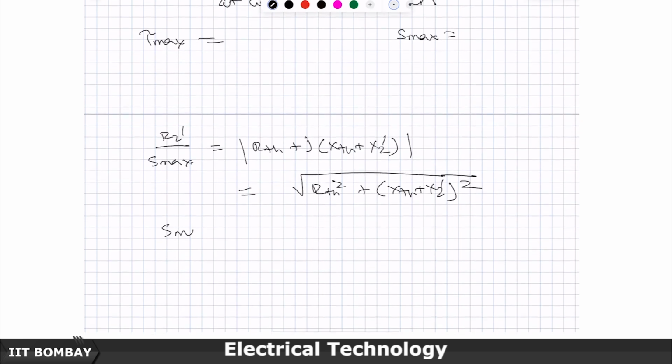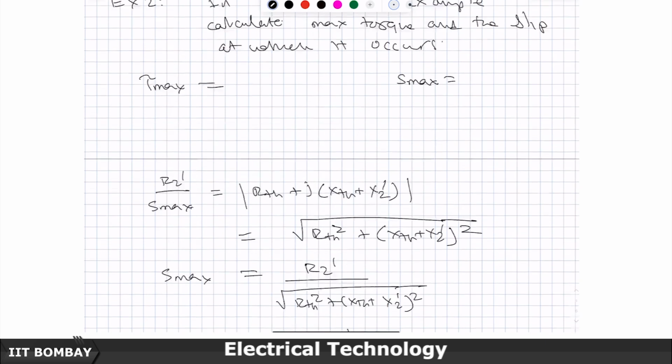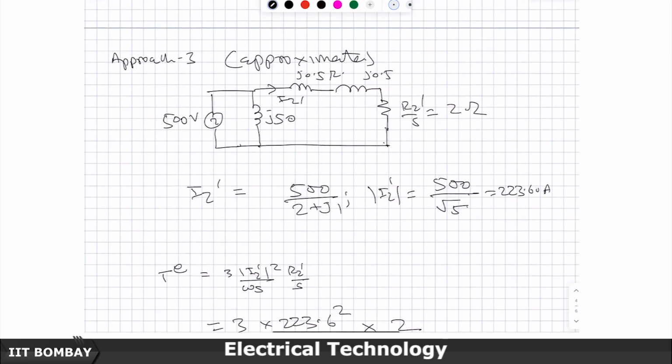So, the S max is this, and this was the condition obtained from that derivation. We just need to plug in these values. R 2 dash is given to us as 0.1 ohms, and R Thevenin we calculated as R 2 dash by S, which is 2 ohms, but the R 2 dash itself is just given in the problem as 0.1 ohms.